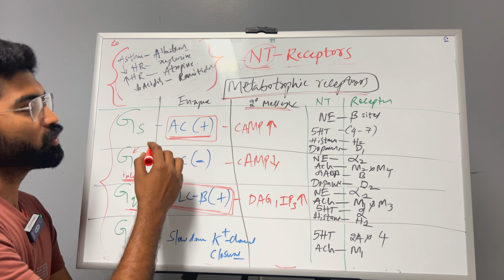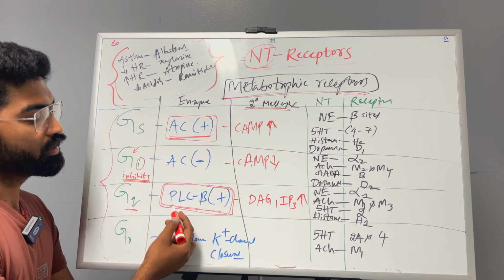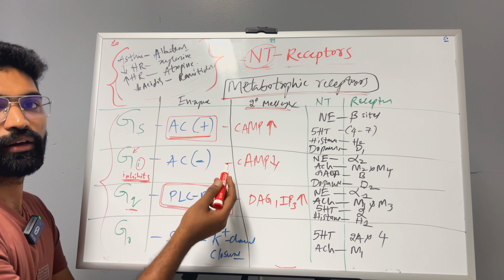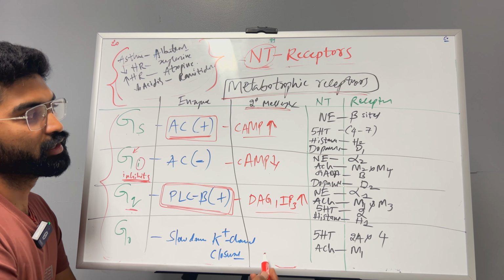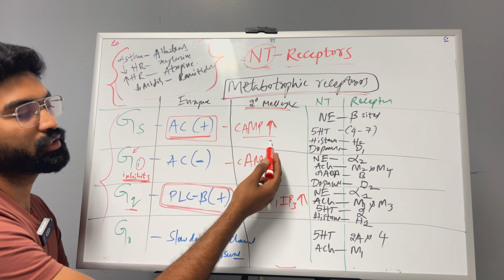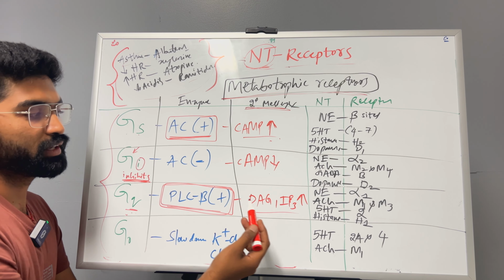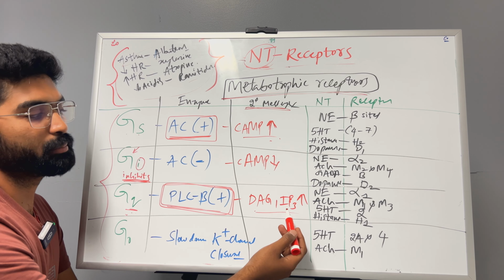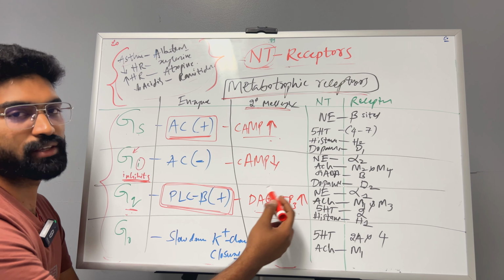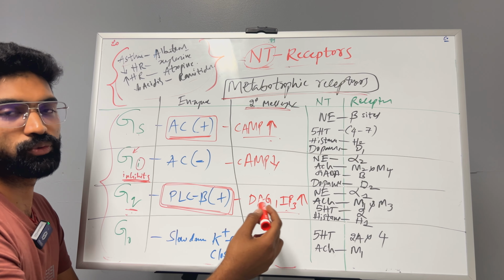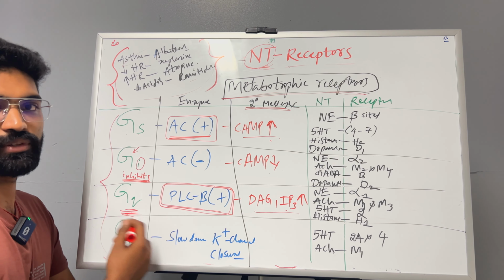The only difference between GS and GQ is the types of enzymes they stimulate and the secondary messengers they utilize. Here, cAMP is utilized as the secondary messenger, but in the case of GQ, diacylglycerol and IP3, inositol triphosphate, are utilized as the secondary messengers to show the effect of the neurotransmitters for the GQ receptors.